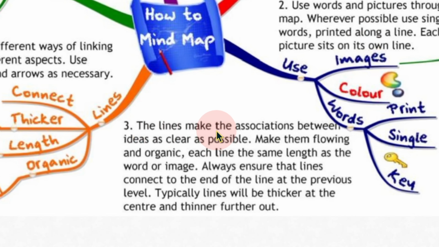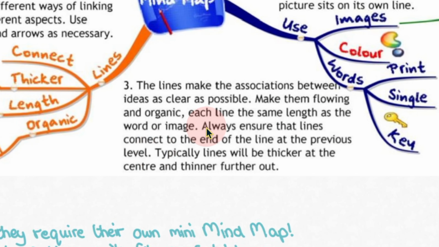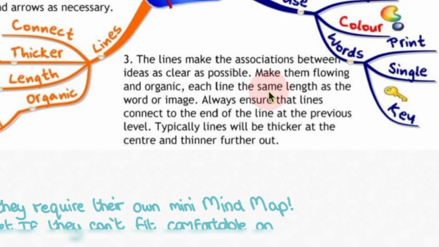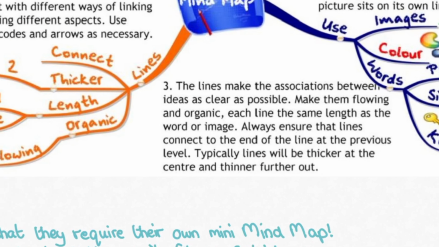Number 3, the lines make the associations between the ideas as clear as possible. Make them flowing and organic. Each line the same length as the word or image. Always ensure that lines connect to the end of the line at the previous level. Typical lines will be thicker at the center and thinner the further out you go as they radiate out.